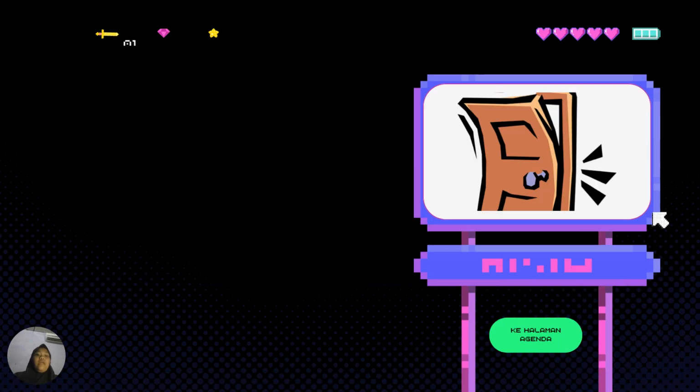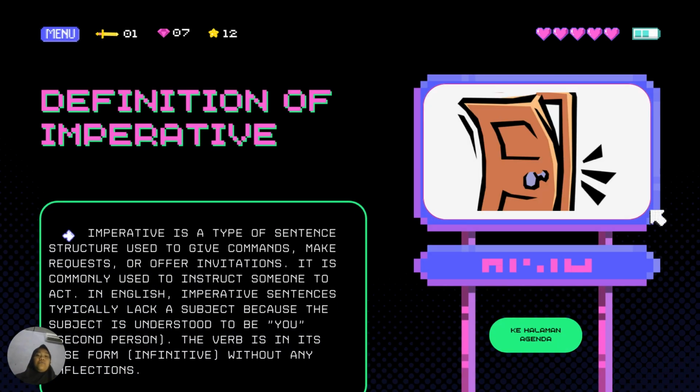So, next. In this slide, you can see the definition of imperative. So, what is the definition of imperative? Imperative is a type of sentence structure that is used to give commands, make requests, or offer invitations.